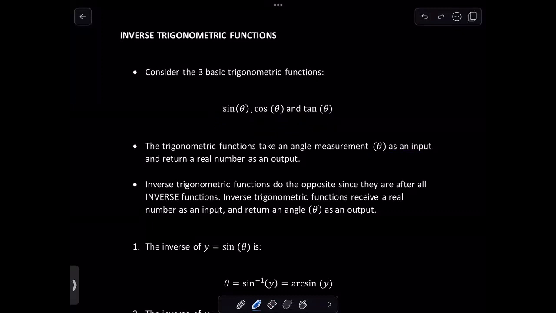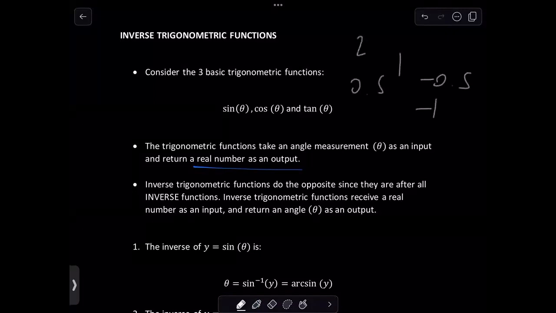And what's the output? The output is a real number. Your output could be 1, it could be -1, -0.5, 0.5. In the case of tangent, you could get like 20, -20, whatever the case may be. We are familiar with that output. That real number output is the ratio of sides of a triangle in a right angle triangle.